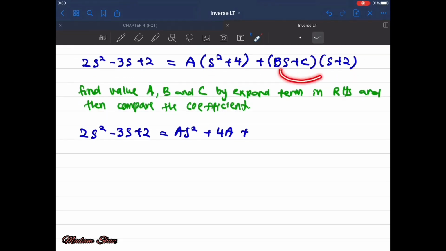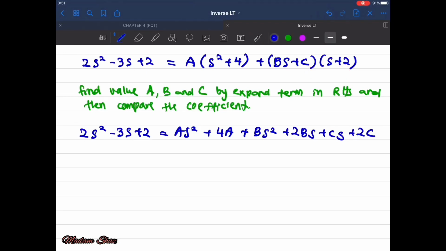So Bs multiplied with s will become Bs squared. Bs multiplied with 2 will become 2Bs. C multiplied with s will become Cs. C multiplied with 2 will become 2C.